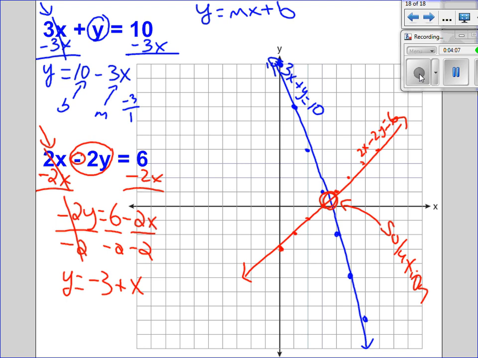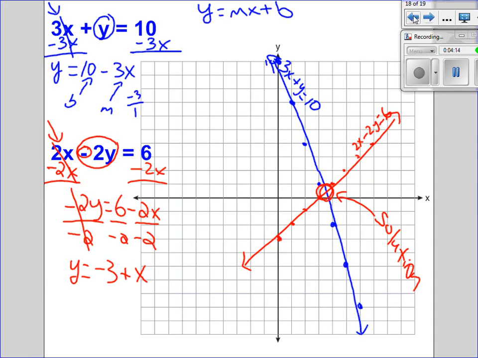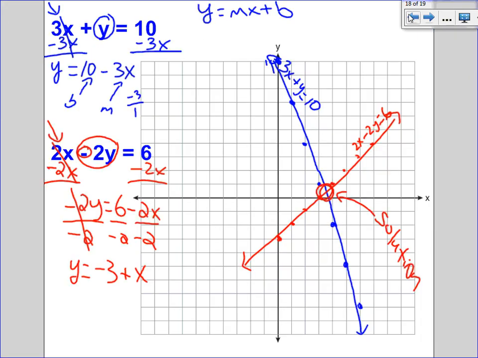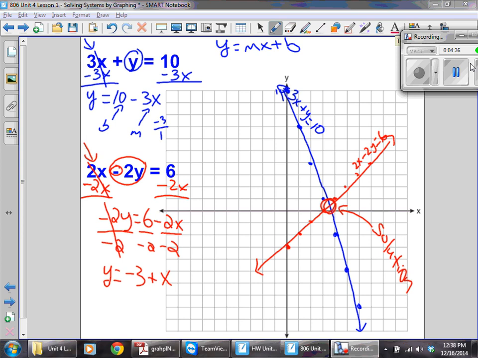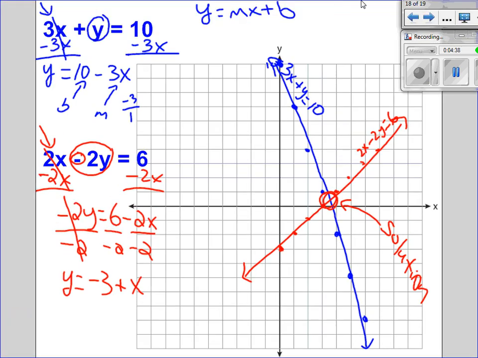But I do want to show you how to check something like this. So let's say that this did work out. Let's say our equations were 3x plus y equals 10. And let's say our other equation was, instead of 6, let's make that a 10.